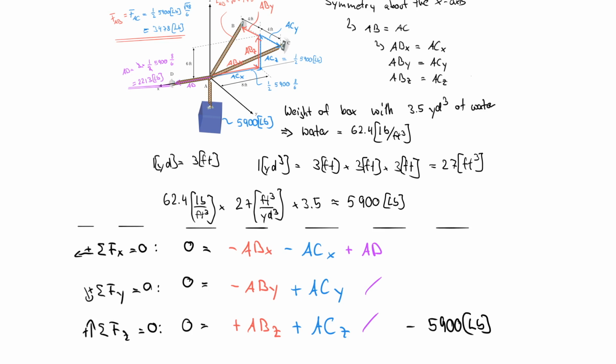And again, what I now have to do to solve these equations here, notice that we have 1, 2, 3, 4, 5, 6, 7 unknowns. And obviously I cannot do that, so I have to use the geometric description to express, for example, ABX in terms of AB and ACX in terms of AC. So let's do that for one equation, and then I think we're done with this problem.